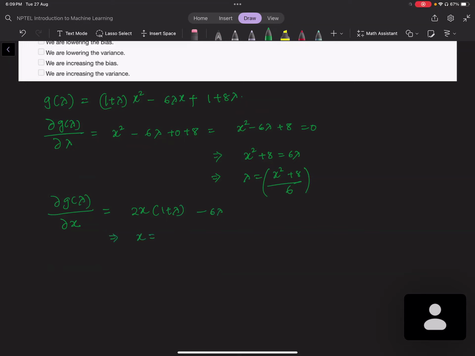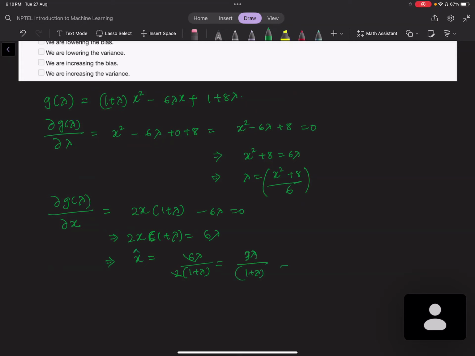Setting it to 0, 2x(1 + λ) equals 6λ, so x equals 6λ/(2(1 + λ)), that is 3λ/(1 + λ), the value of x.